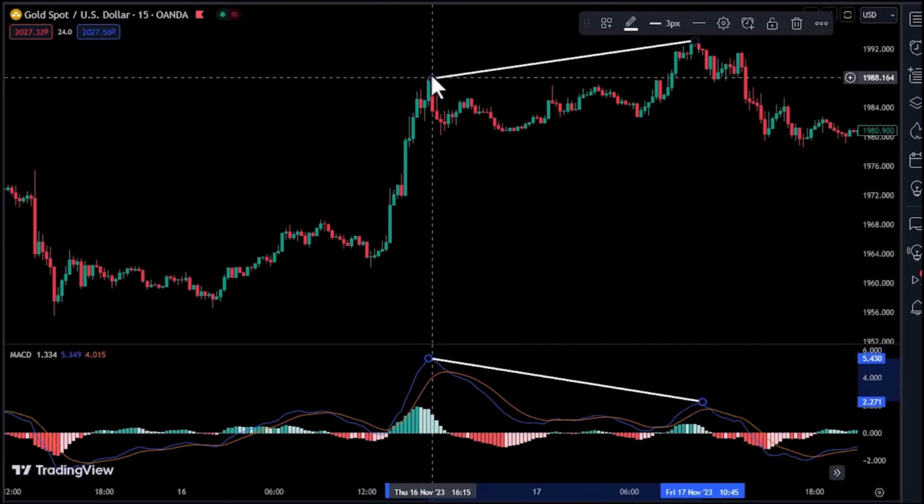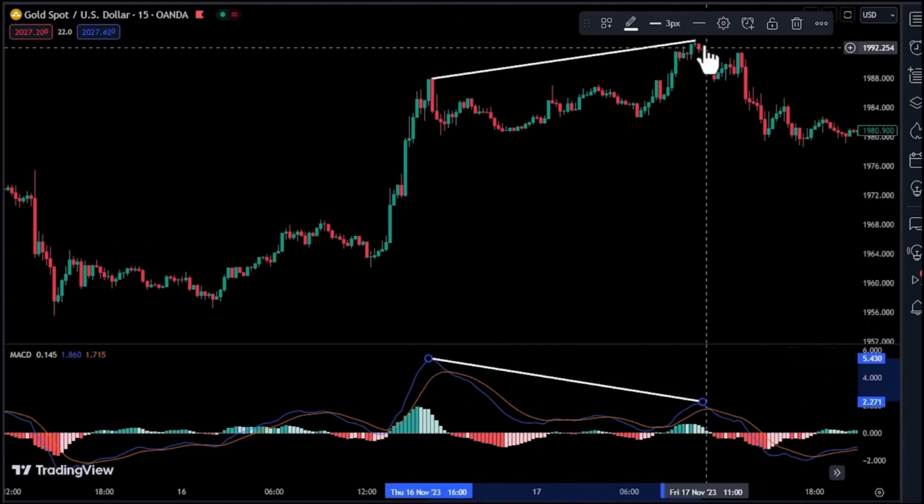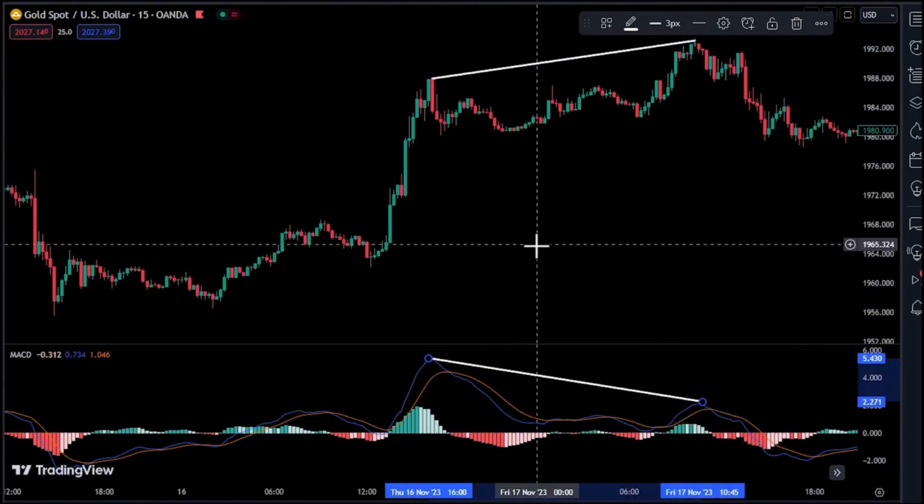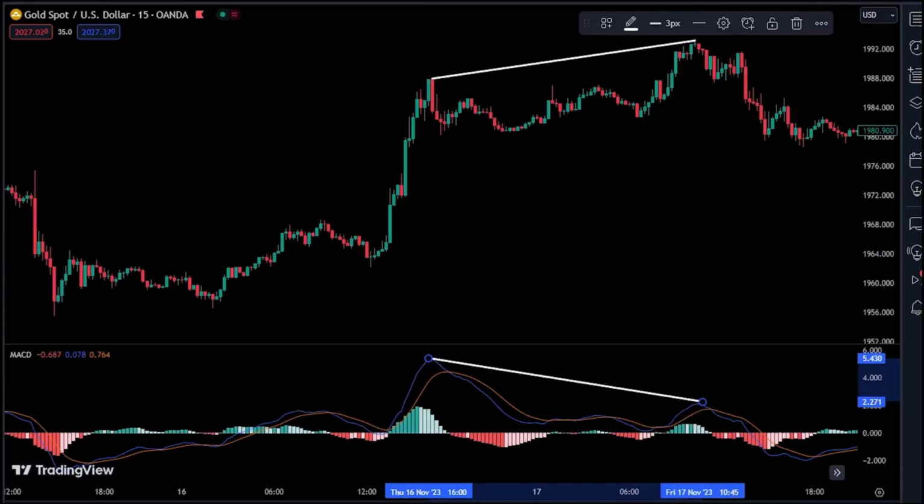This means that exactly at this level, we observed the price going up, but the oscillator was placed in the lower region. And this is considered a negative divergence for us.